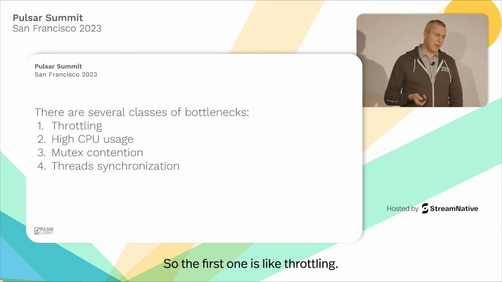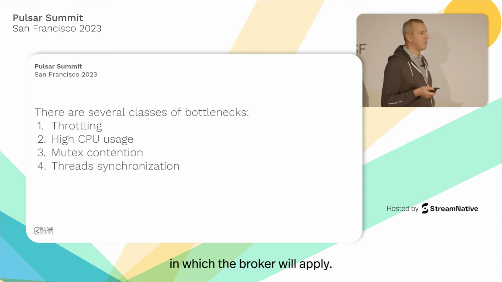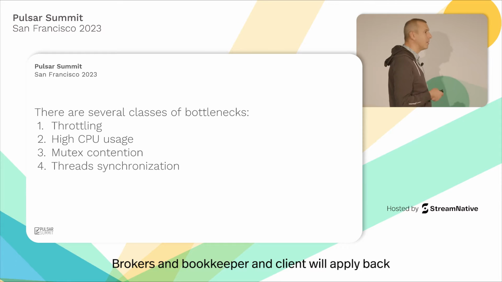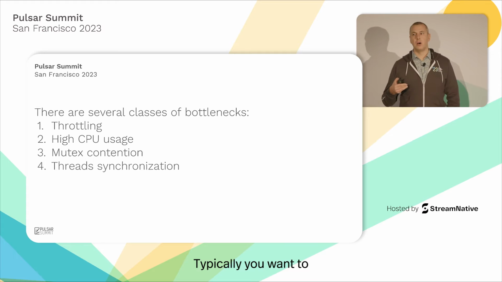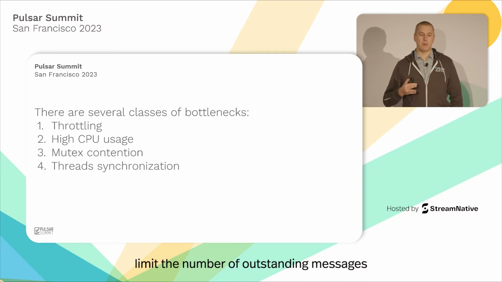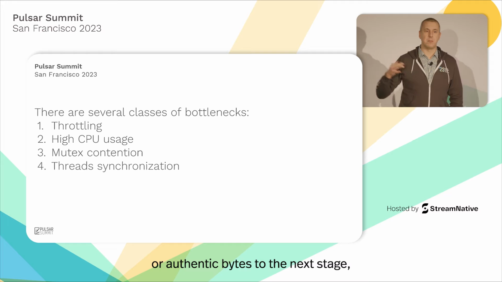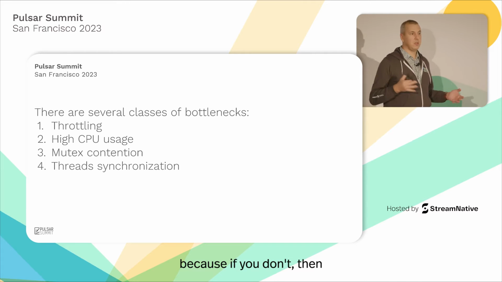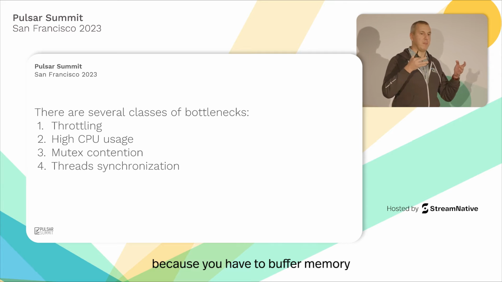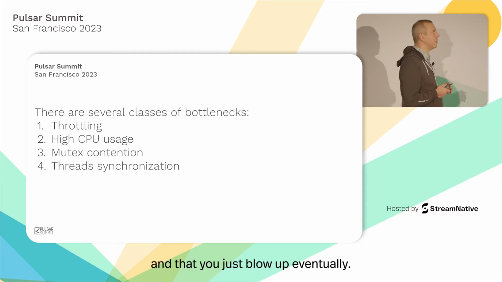The first one is throttling. Brokers, BookKeeper and clients will apply back pressure at every stage. Typically, you want to limit the number of outstanding messages or outstanding bytes to the next stage, because if you don't, then you have to buffer memory, and that you just blow up eventually.